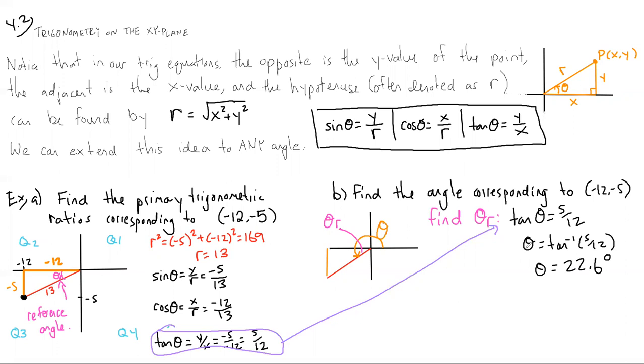Now there's a bit of a problem here. So I got this 22.6. My snag is that, more than anything, tan is not a one-to-one function. And this is all stuff that we're going to discuss really intensively throughout this whole chapter. Tan is not a one-to-one function, which means that this inverse is not well defined.